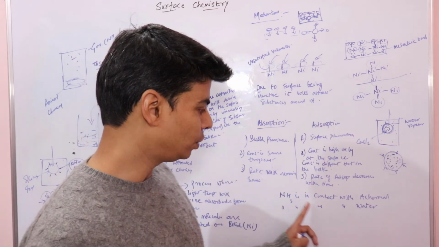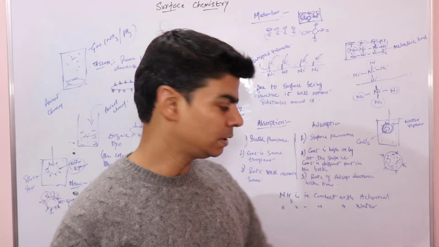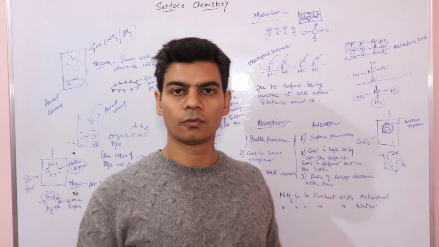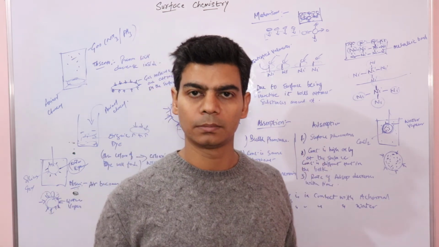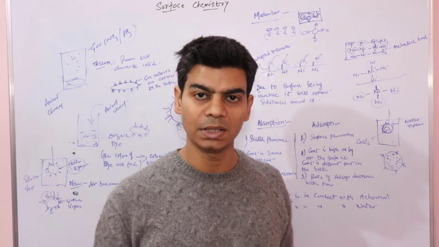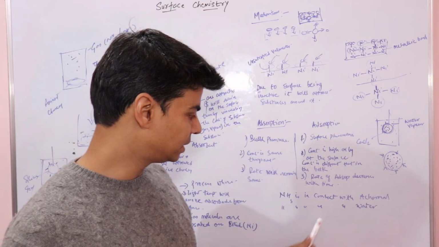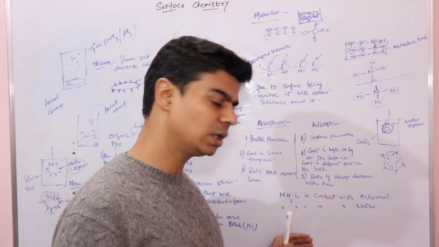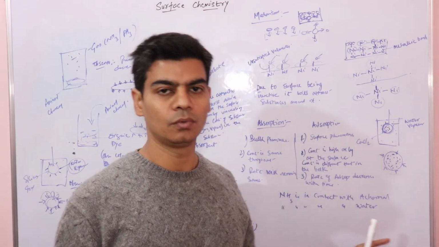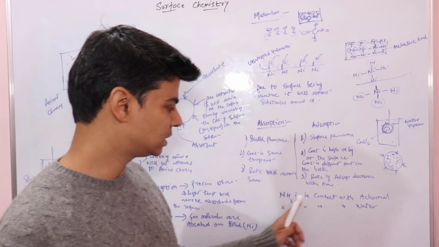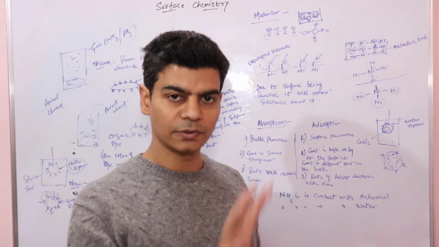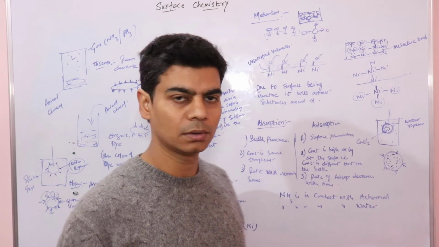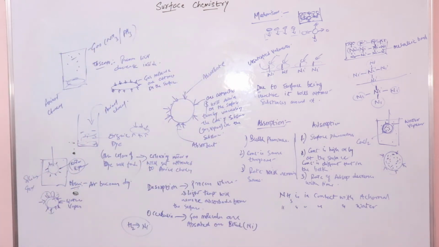So in the second case, ammonia will get absorbed by water, and will move into the bulk of water and be distributed throughout water, since it's soluble in water. We know that ammonia is highly soluble in water. Whereas in the first case, ammonia will remain on the surface of animal charcoal since it gets adsorbed on animal charcoal, right? So we are done with absorption, right?